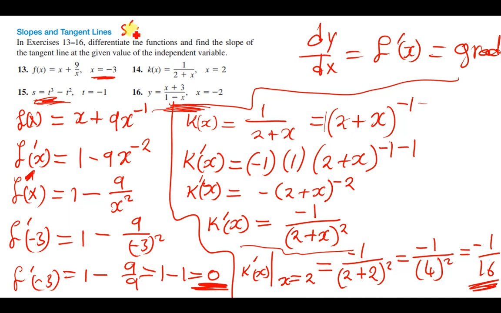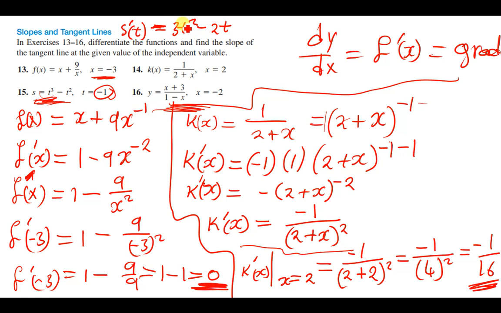So in this case we're using t. So s prime of t is equal to, we differentiate t to the power 3, this will just be 3t squared. We also differentiate t to the power 2, which is just going to be 2t. So to find the gradient, you just replace t with negative 1.